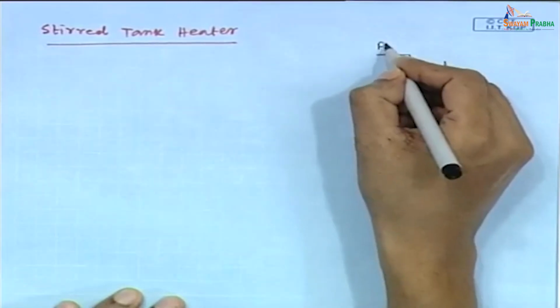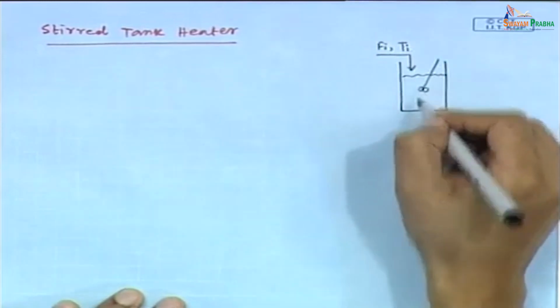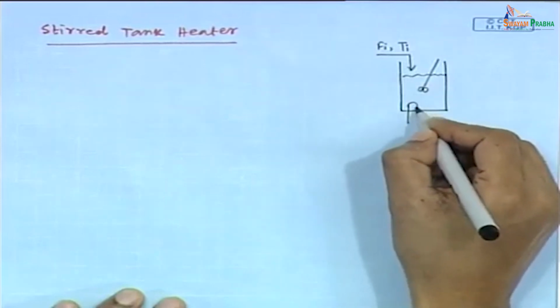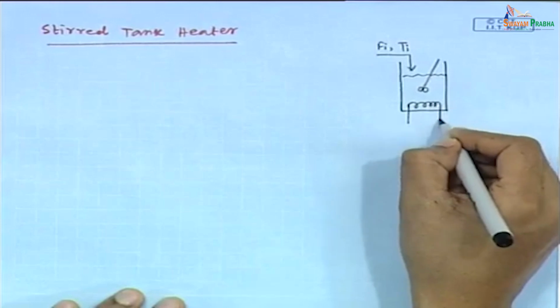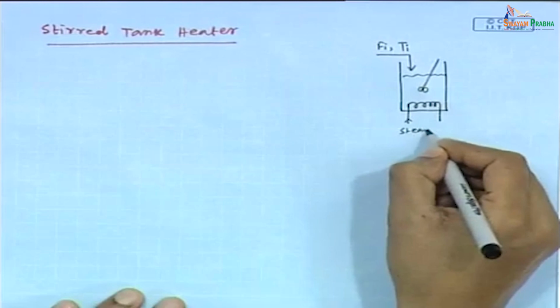So, this is the inlet flow rate Fi and temperature is Ti. Now, steam is introduced here through the coil for heating purpose. This is steam.